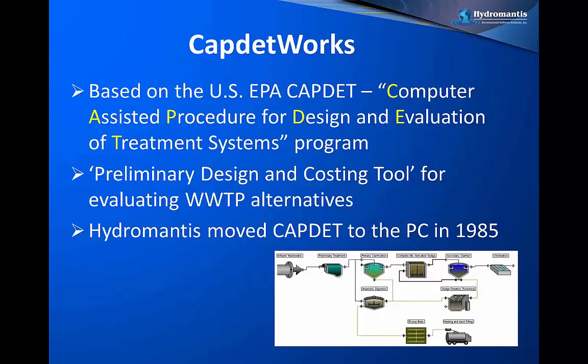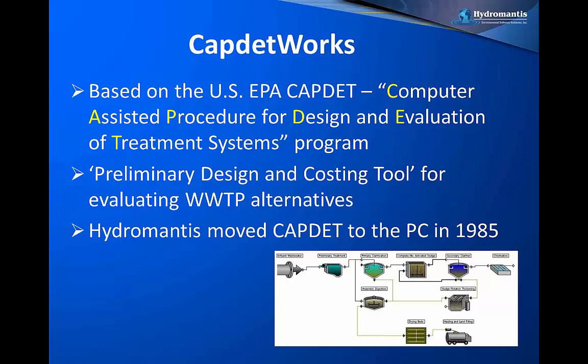So first of all, giving you a little bit of a background about CapdetWorks. CapdetWorks is a tool which can be used for designing and costing wastewater treatment plants. It's an acronym coming from the Computer-Assisted Procedures for Design and Evaluation of Treatment Systems. And this is a program which has been developed by Army Corps of Engineers.